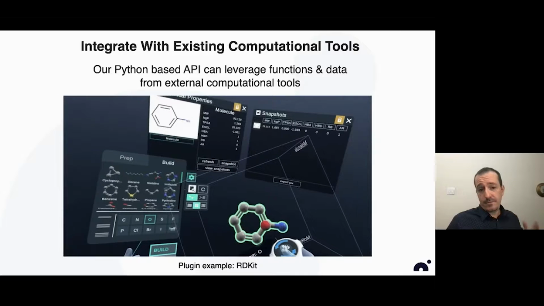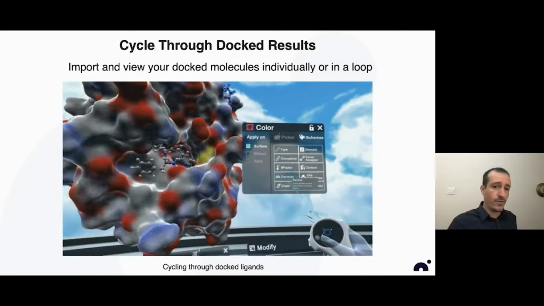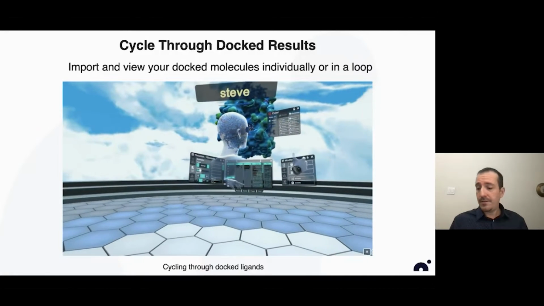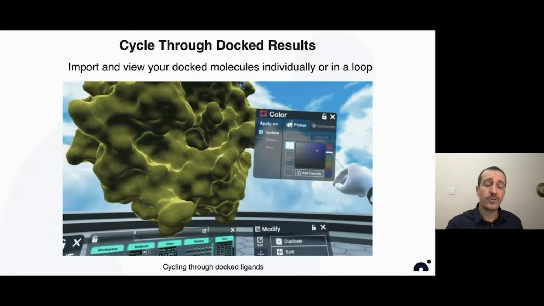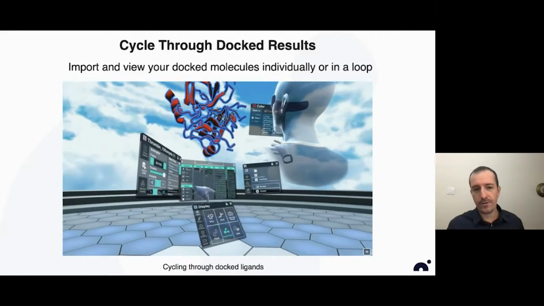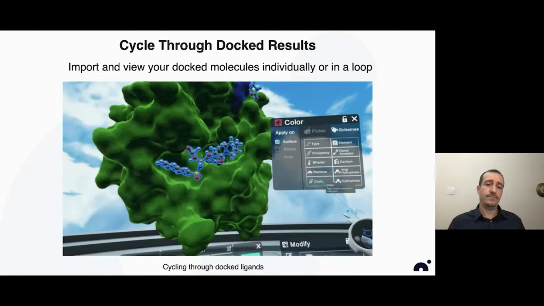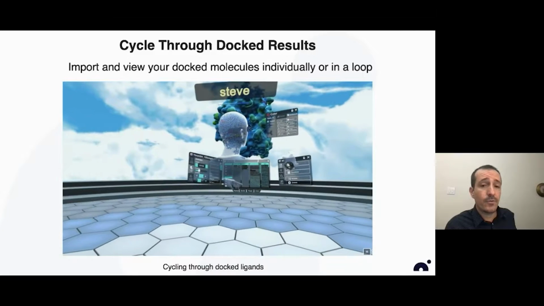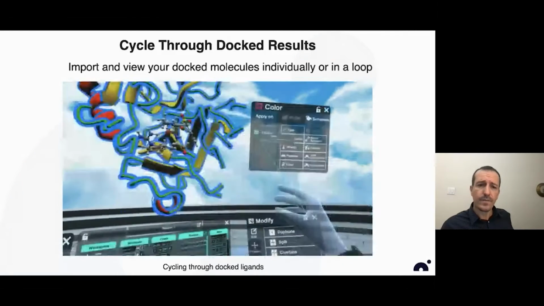So this is one example, as I mentioned, for chemical properties, but there are other examples such as molecular docking, which right now is working with Smina, AutoDock Smina, which is a fork of the popular AutoDock Vina. It's very easy to use. You can select the number of binding poses that you might want to obtain from the software.